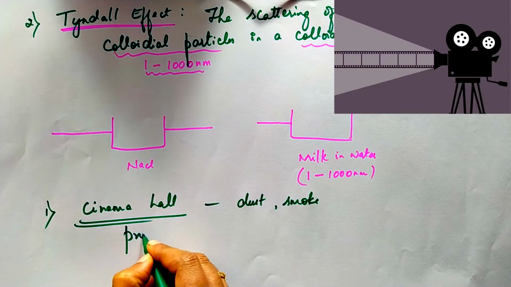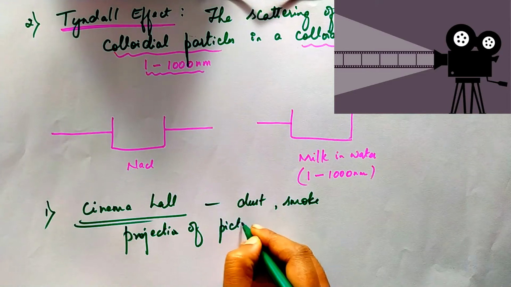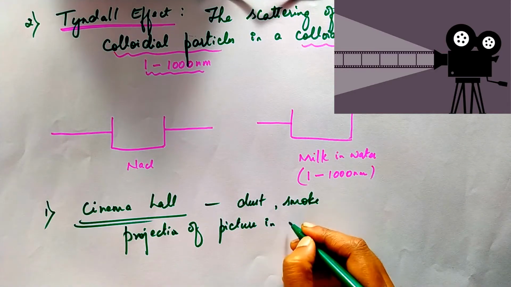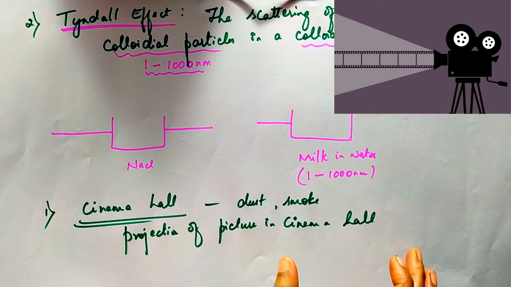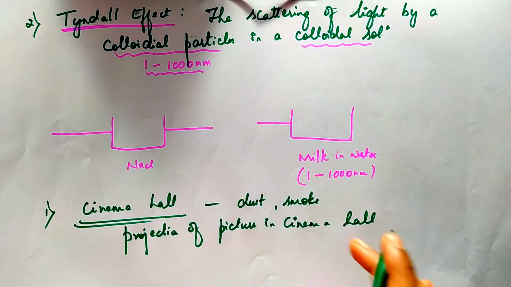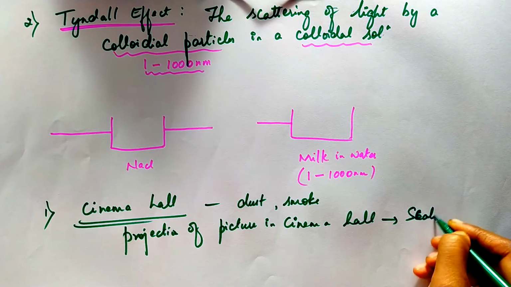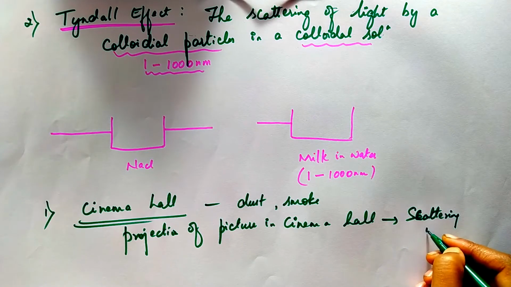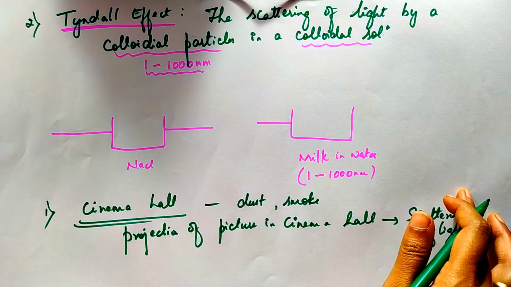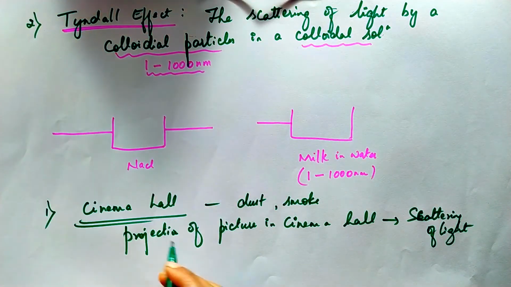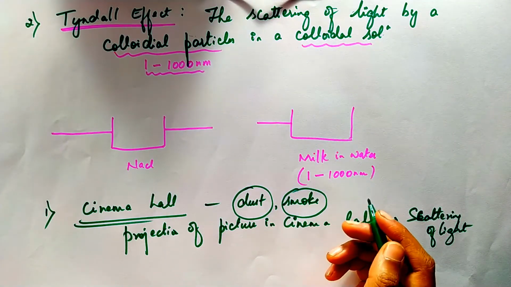During the projection of a picture in the cinema hall, you can observe the light rays, the path of light, right? That is the Tyndall effect. It is due to the scattering of light. We observe it in the cinema hall due to the dust and smoke particles present there.